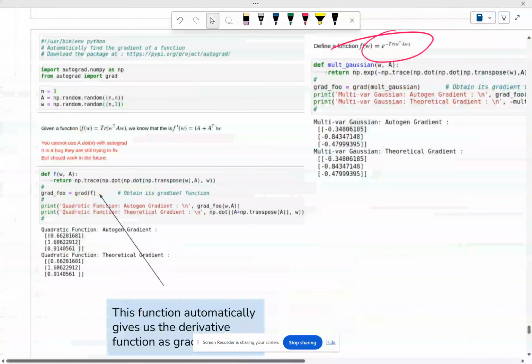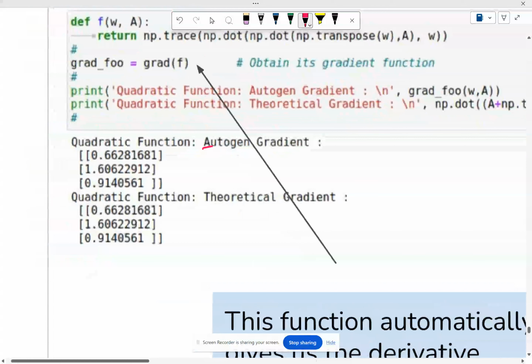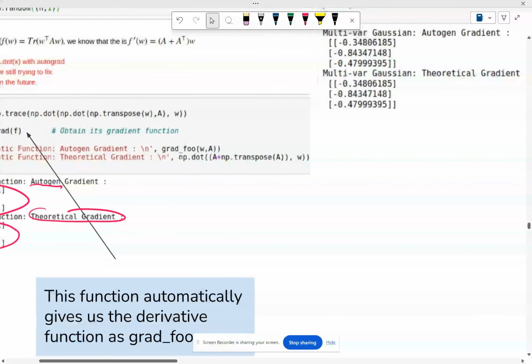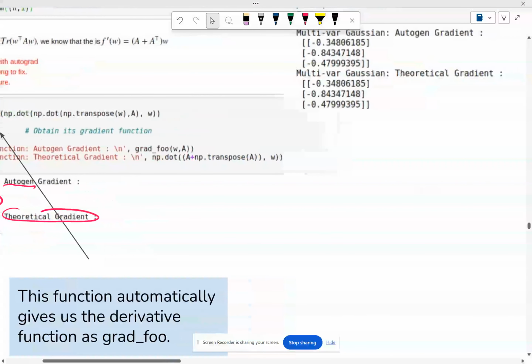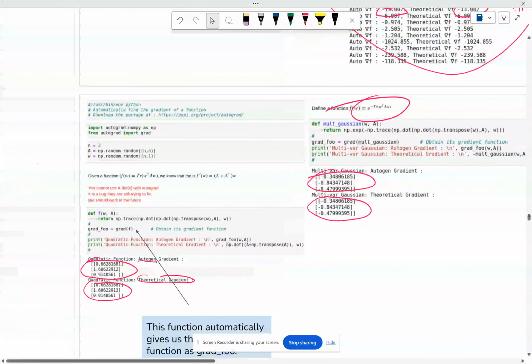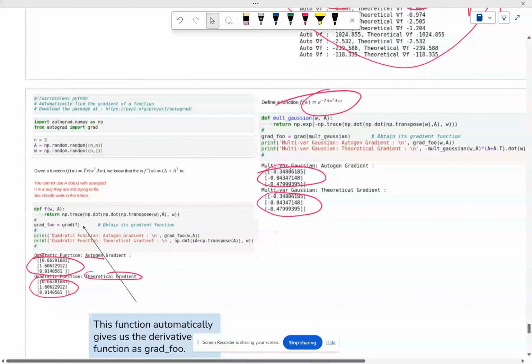For both cases, notice my theoretical result is identical to the one that NumPy generated. Over here as well, we know that my theoretical result is the same as the NumPy one. And from this, I can be confident that my equation is identical to the truth. It's actually the correct one.